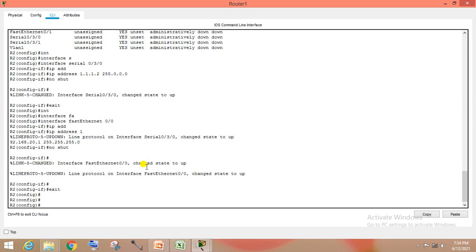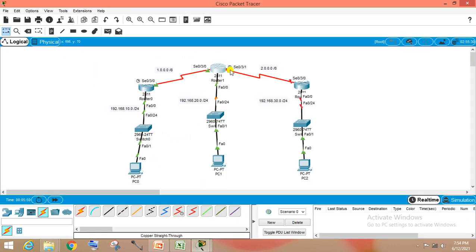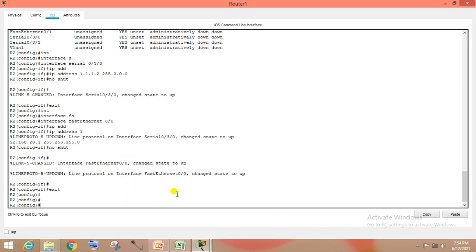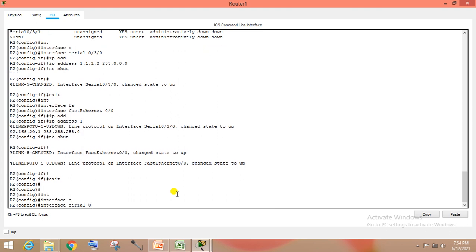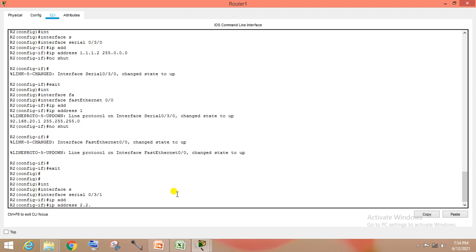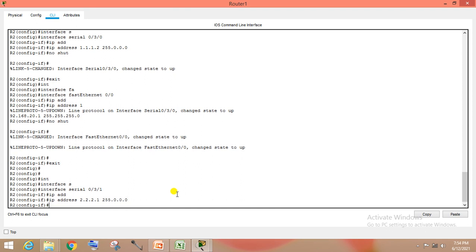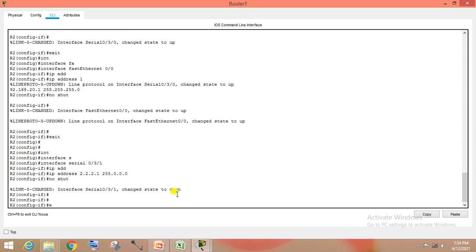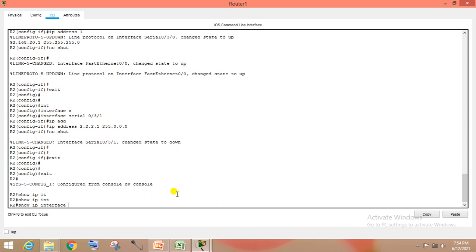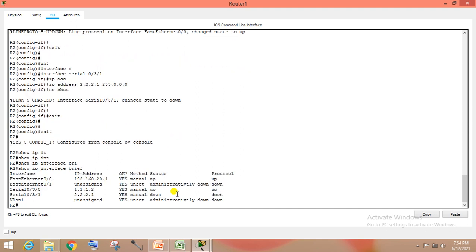Now go to the other LAN interface which is connecting here, this interface. Giving the IP address to this interface. No shut. Then check for verification. Yes. Now go to the third router.